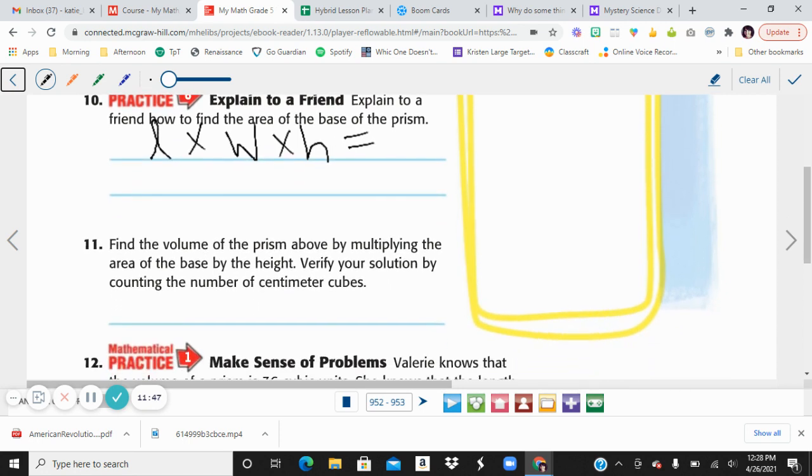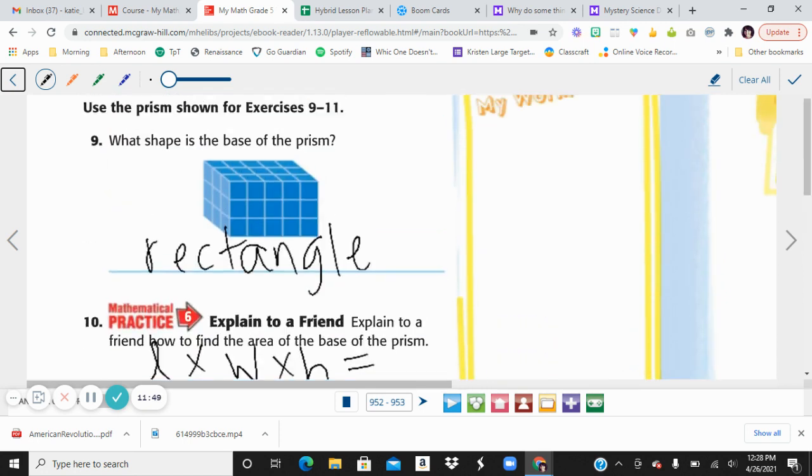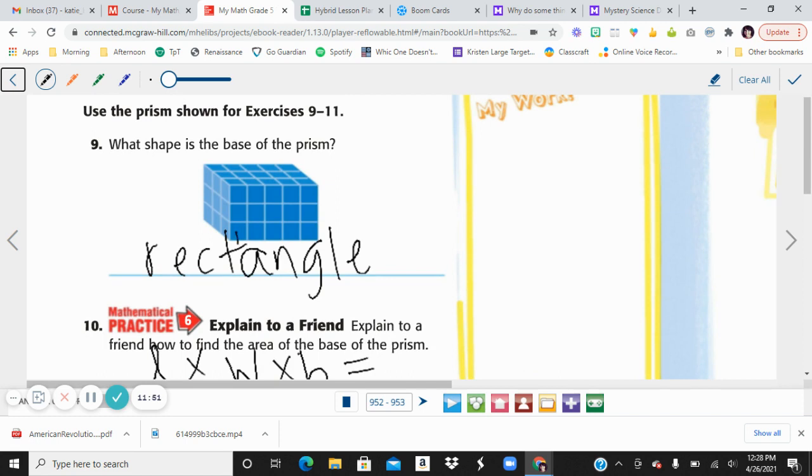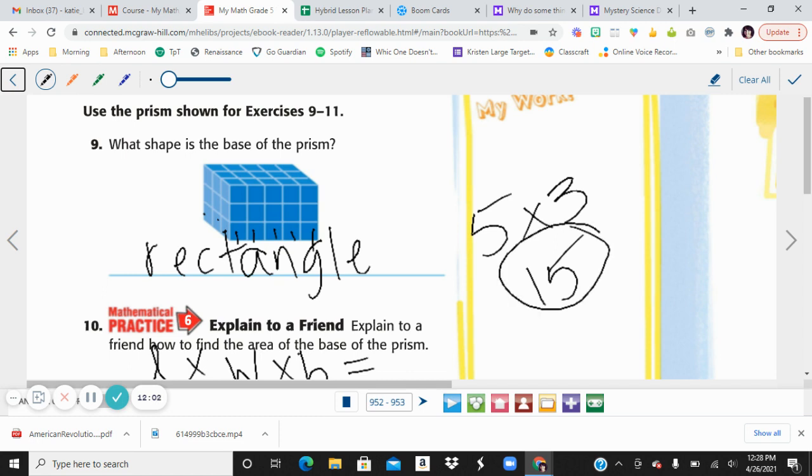Find the volume of the prism by multiplying the area of the base by the height. So let's see, we've got 1, 2, 3, 4, 5. The bottom layer is 5 times 1, 2, 3. So the area of the bottom is 15. There's 15 there, and 15 there.